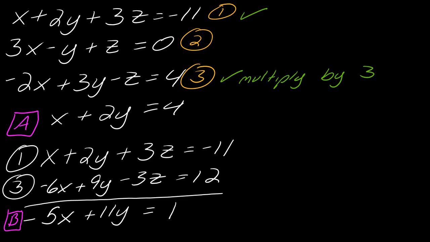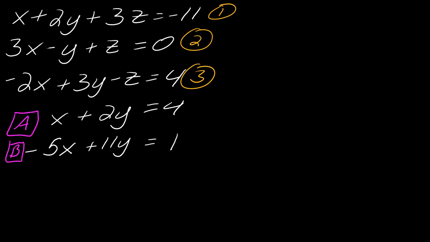Okay, so now what I want to do is take these two new equations, A and B, and stack them next to each other so that you can see where this is going. Okay, so now that I have eliminated my z's, here are the two equations that I'm left with. And if you just take a breath for a second and look at this, this now looks like a system like what we used to solve all the time.